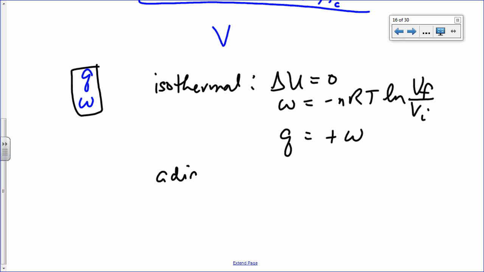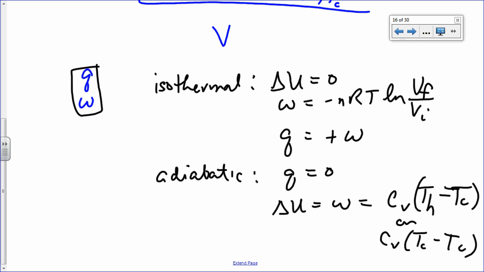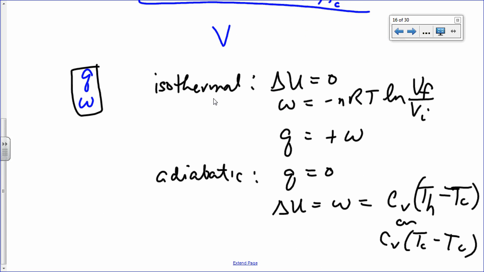And then for the adiabatic steps, okay, you know that your Q is going to be 0 because it's adiabatic. So your delta U is just going to be equal to W, and that's just going to be CV delta T. So T hot minus T cold, or CV T cold minus T hot, depending on whether you are doing process B or process D. Okay, so it's just really CV delta T. Let's just make this generic.